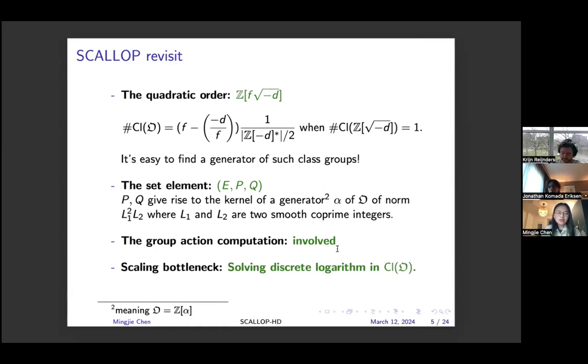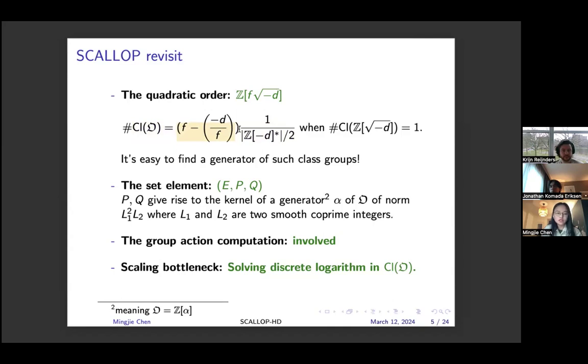You may think that the class number is given by this very simple formula, and the only requirement on f, which is the conductor, seems to be that it's a prime and large enough. So we may try lots of such primes and hope that this integer f minus the Legendre symbol is power smooth.